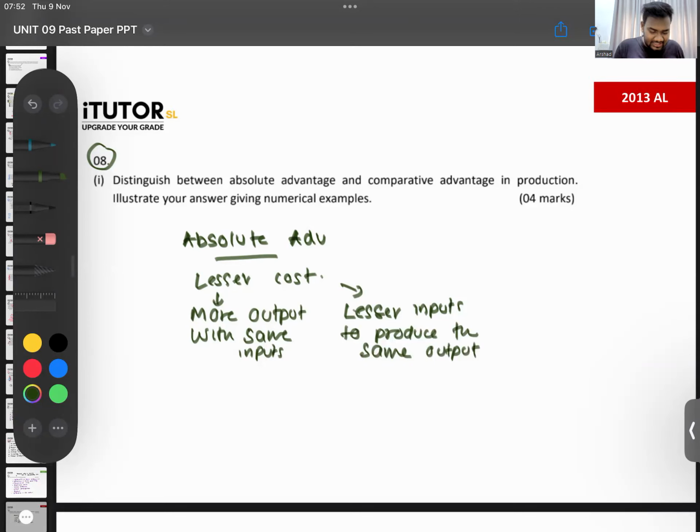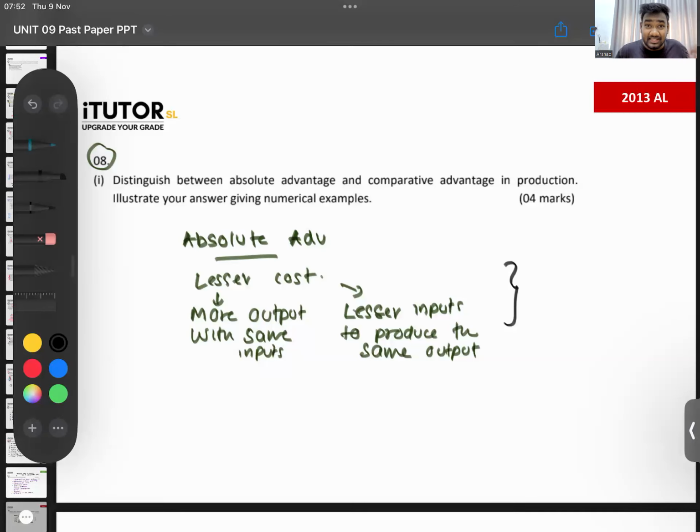Then you can also say, is this theory a complete theory, absolute advantage? Or are there flaws in this? When you're distinguishing between the two, you can mention the flaws, problems, issues. You can say it's not a complete theory.